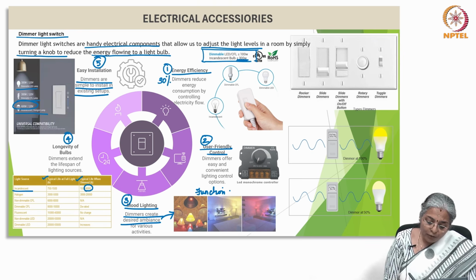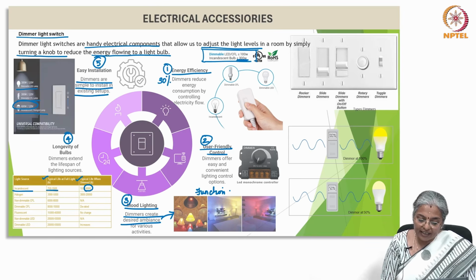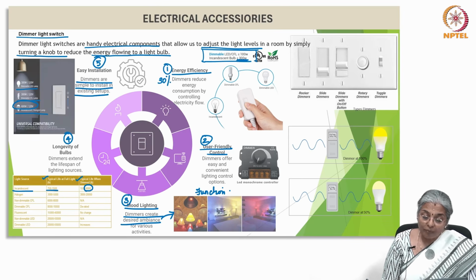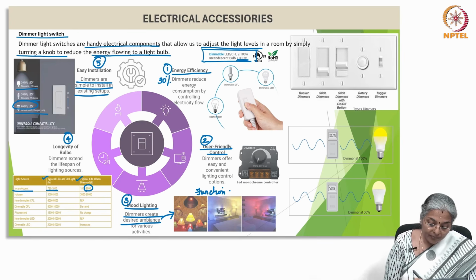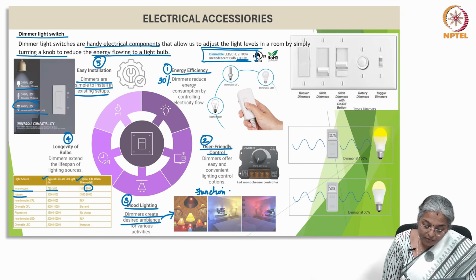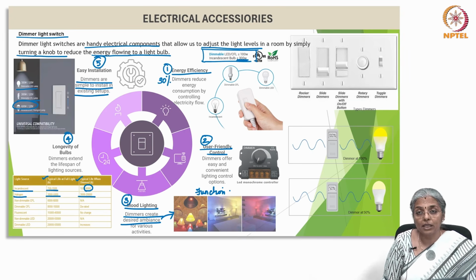So, at full light, the maximum life is 1500 hours, whereas when you use dimmers, you can extend it up to 6000 hours. For halogen lamp, typical life at full light is 3000 to 5000 hours, whereas when you use dimmers, it can be 3000 to 20,000 hours, 4 times increase in the life of the light.